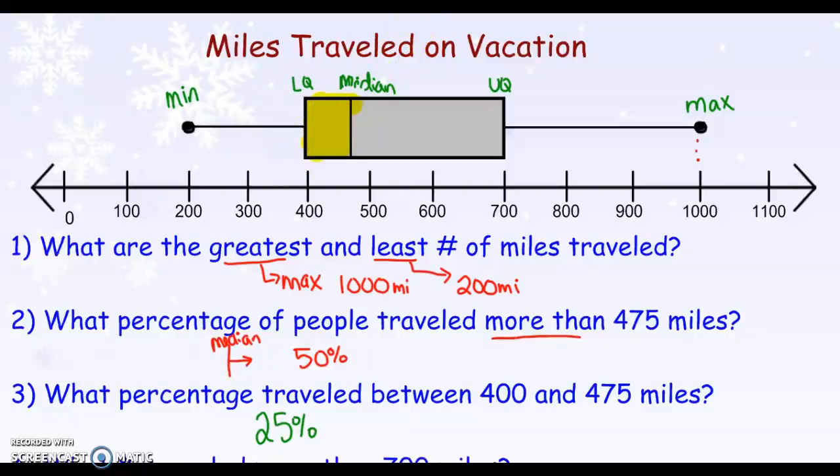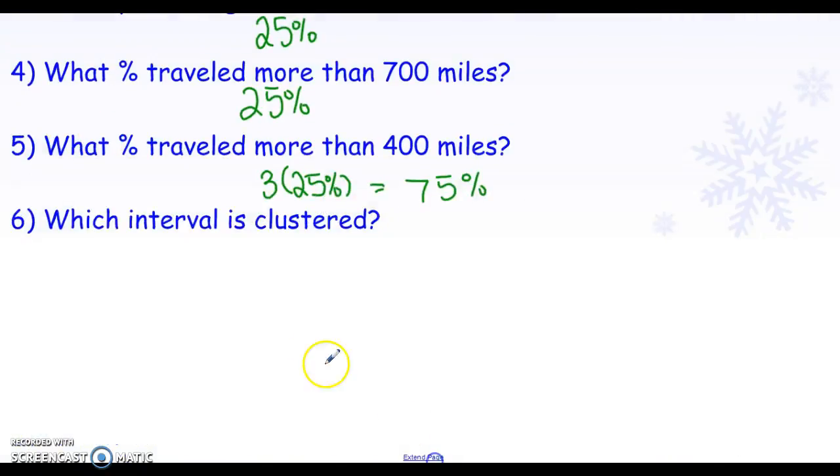So between the lower quartile and the median, that is our smallest span, which means it's our most dense population. 25% of the people are clustered in here. So between 400 and 475, that is a cluster of data.